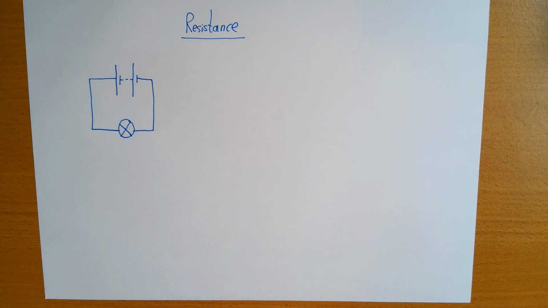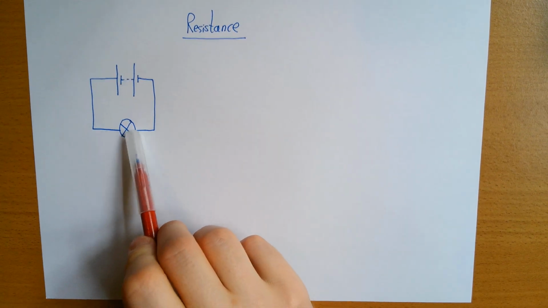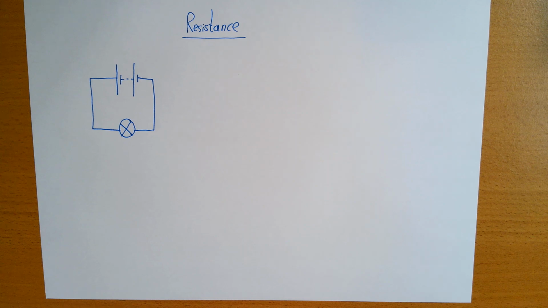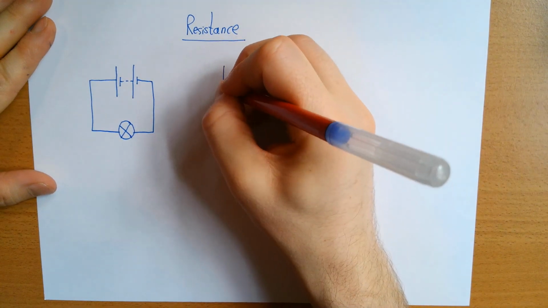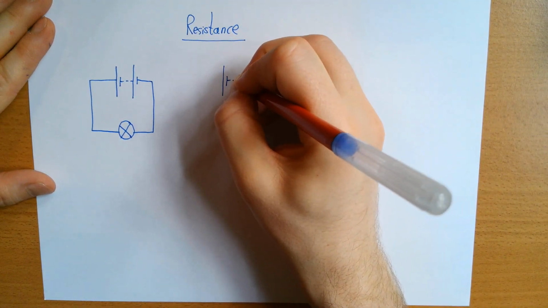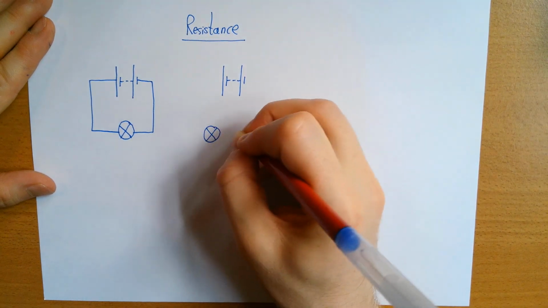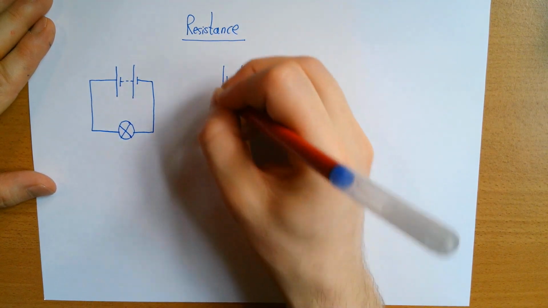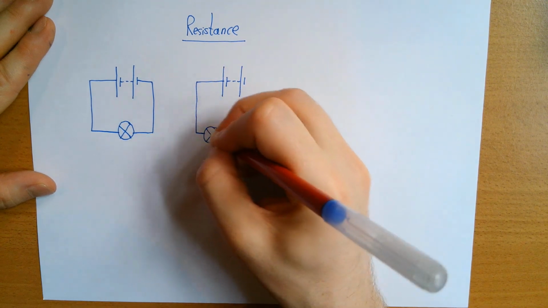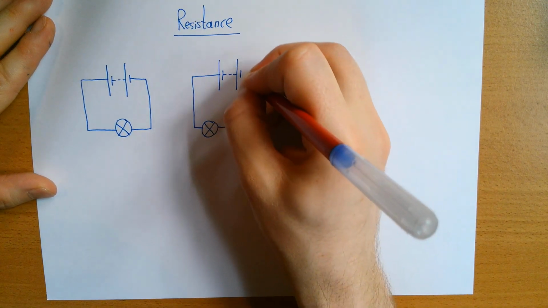Now, what resistance is, is an opposition to that. So this circuit has 1 bulb's worth of resistance. If I then draw another circuit with 2 bulbs, in one of my previous videos we talked about how having 2 bulbs reduces the current.